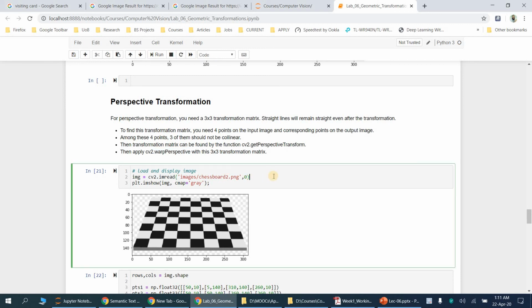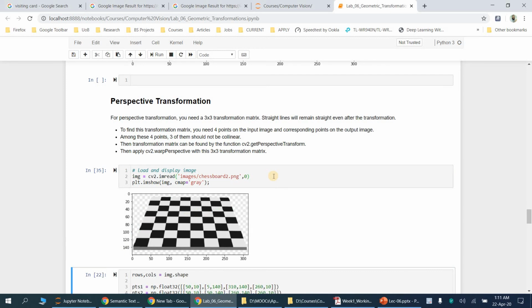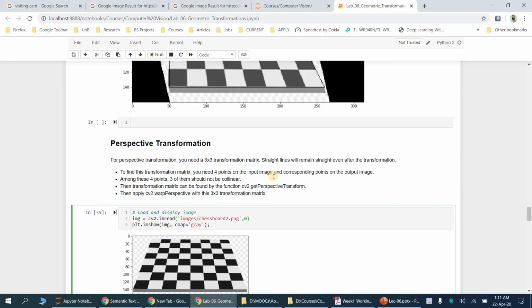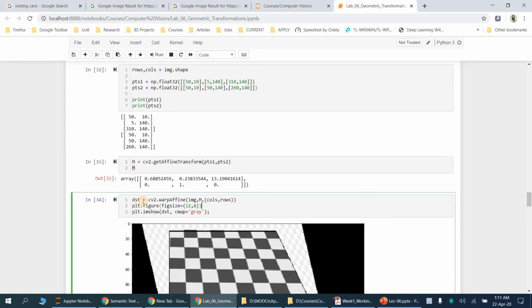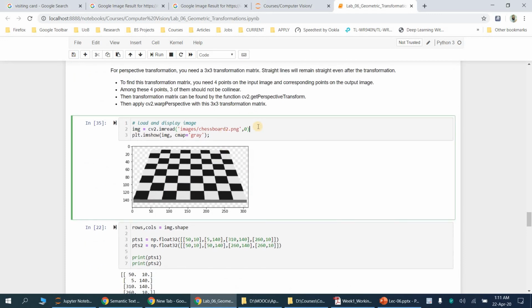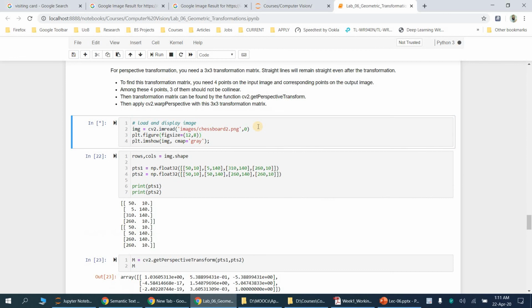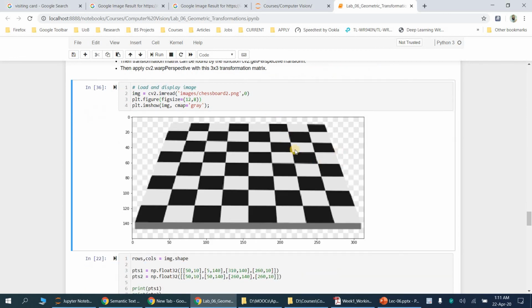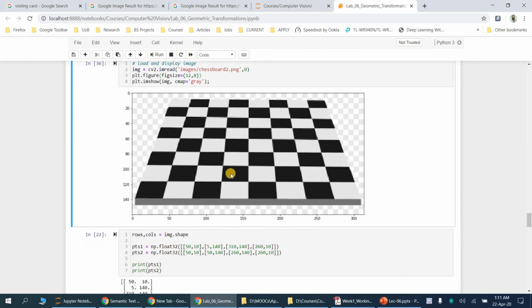Now this is the same image as before. If you want, I can make it larger. Okay, so this is the image. You see this is from a side angle, it's not good. Now I will mark out 4 points of the corners.